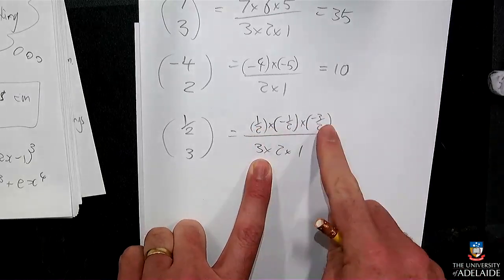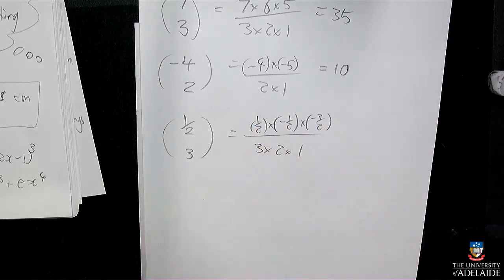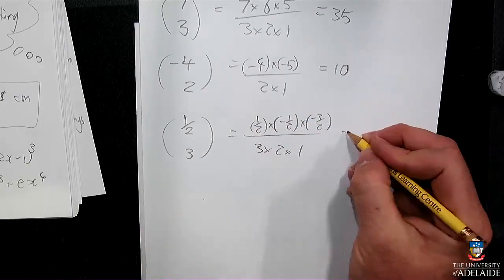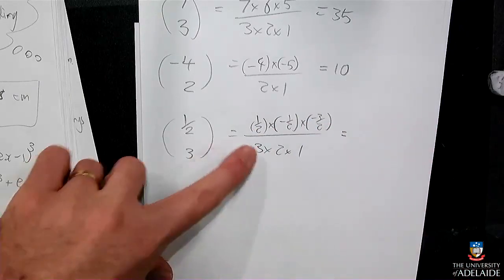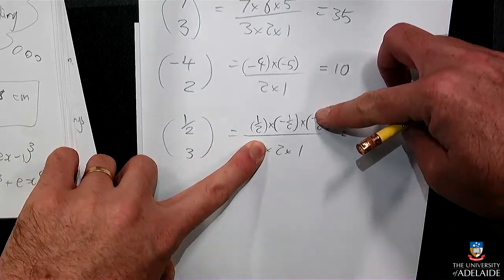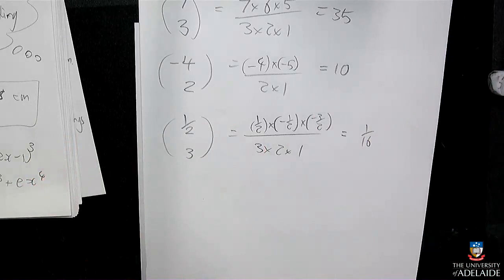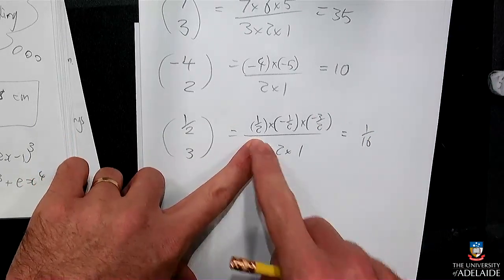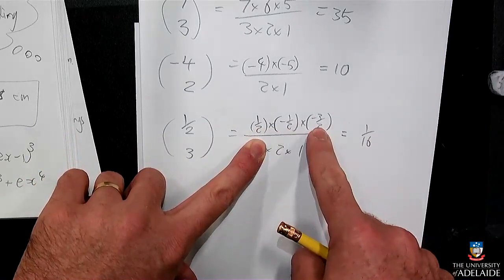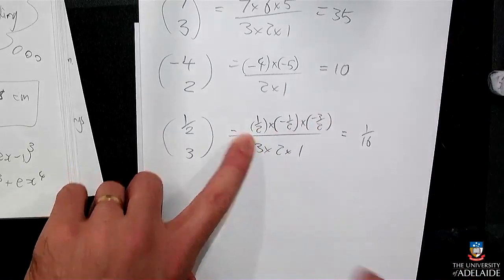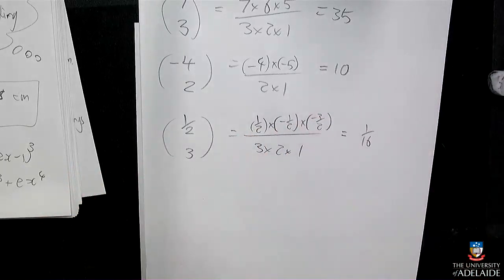And now I have the same number of pieces on the top as I do on the bottom, so I'll stop. And that cancels with that. I think that half and a half and a half would be an eighth, and another times half would be a 16th, and that 3 cancels with that 3. Yeah, and the minus is, yes.